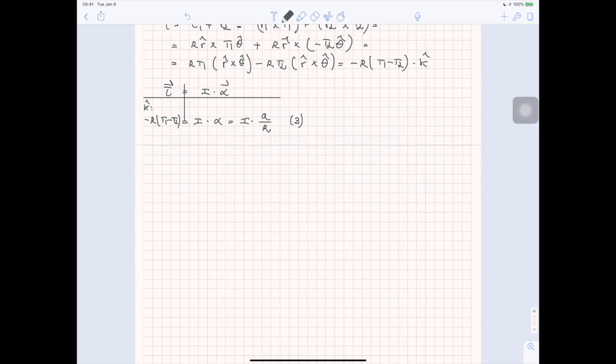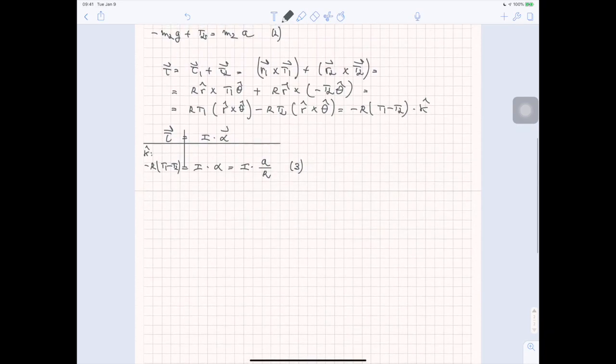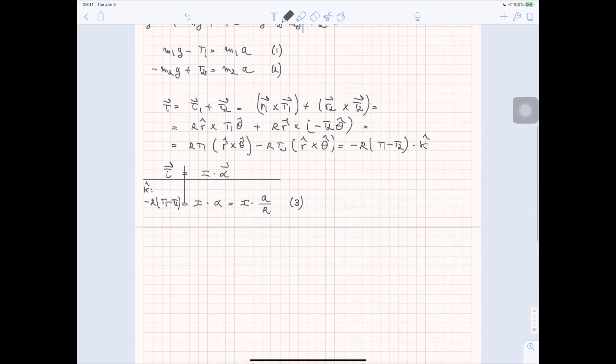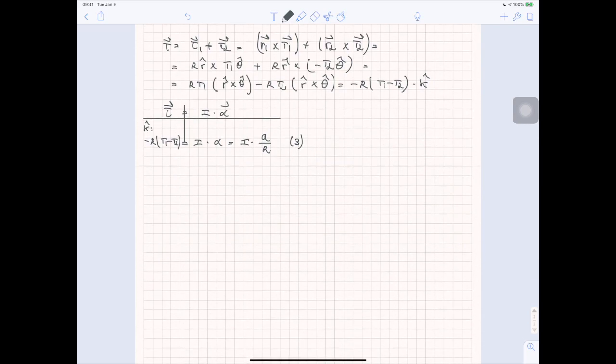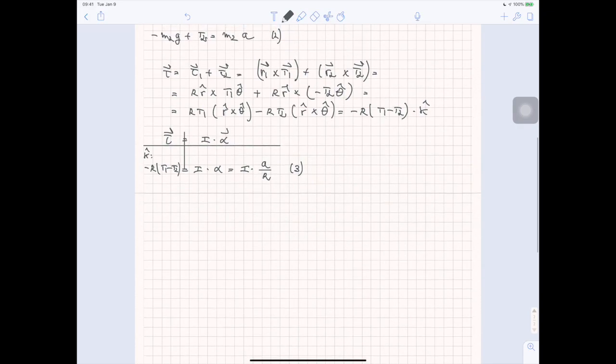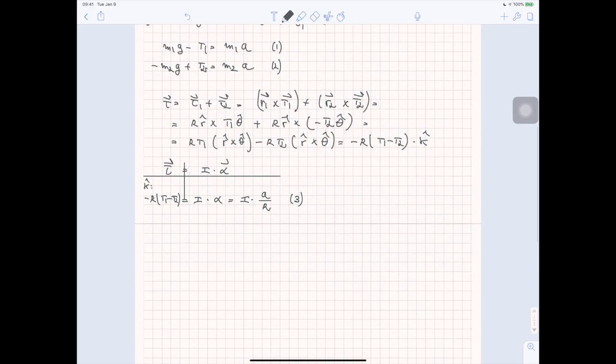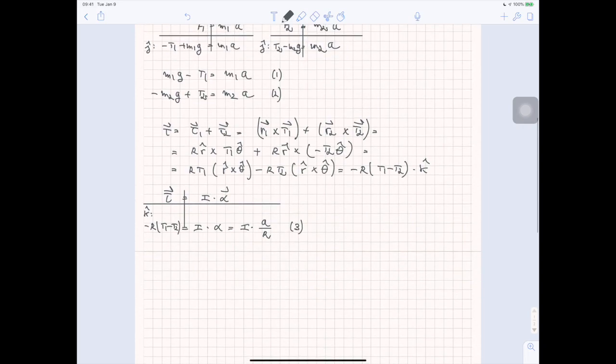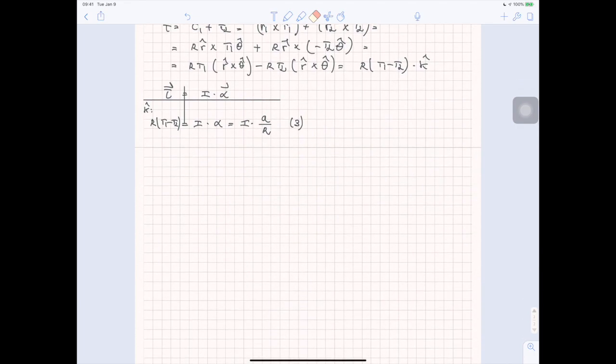So let's do this. So what do we have then here? So if I multiply this out right now. Oh, I see I have made a mistake here, RT1 minus RT2. So this is actually R(T1 minus T2). I have a minus sign here, so forget that. So this is corrected now.